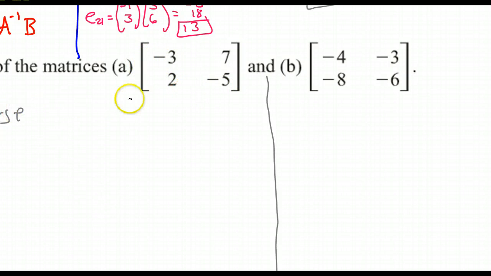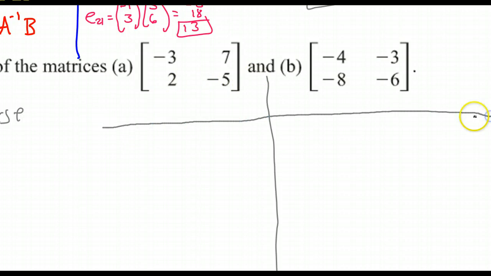Okay, so let's remember how we find the inverse. We start by finding the determinant. Alright, so the determinant is going to be the down diagonal minus the up diagonal. So the determinant is 15 minus 14.